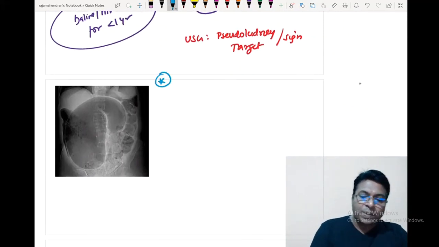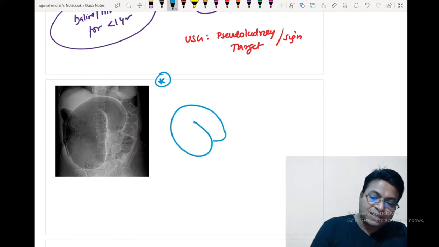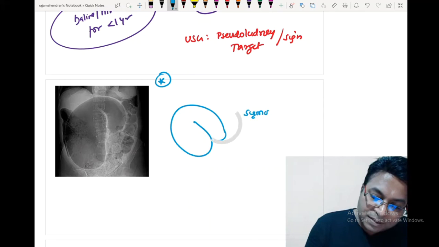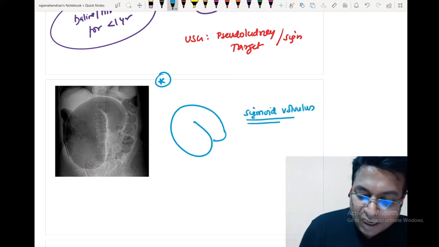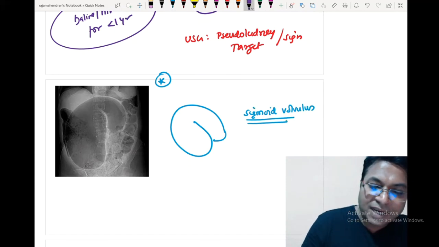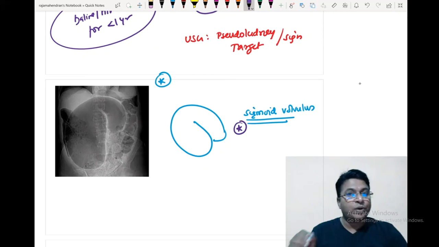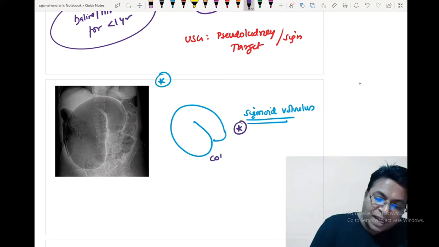This picture showing you a typical coffee bean sign. This is a picture showing you a coffee bean sign. This is sigmoid volvulus. Please don't forget, this is sigmoid volvulus, typical coffee bean sign shown here. It is a coffee bean sign or bent inner tube sign.